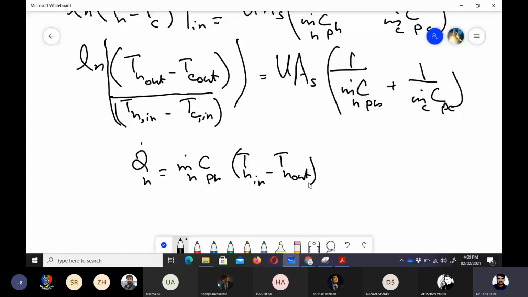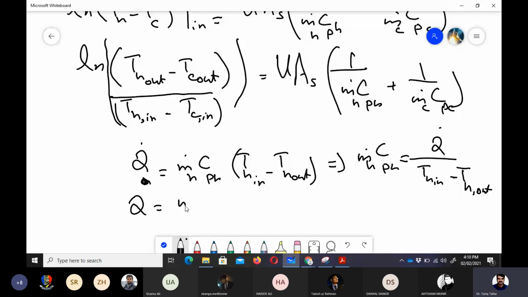So from here, m dot h Cp h is equal to Q dot divided by (Th in minus Th out). Similarly, Q dot is equal to m dot c Cp c into (Tc out minus Tc in). These are the relations we studied at the beginning of this class.